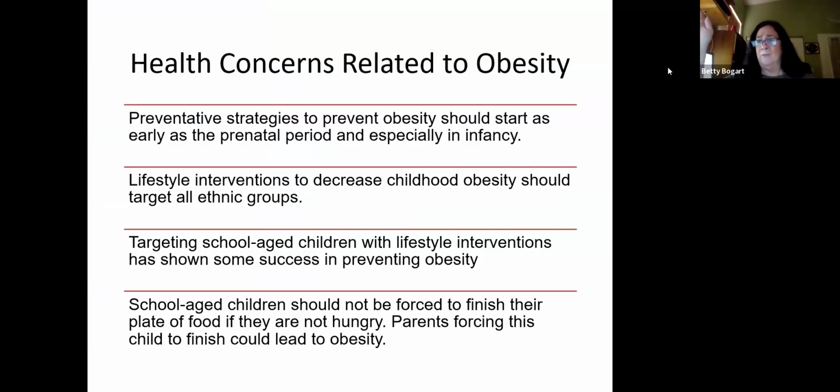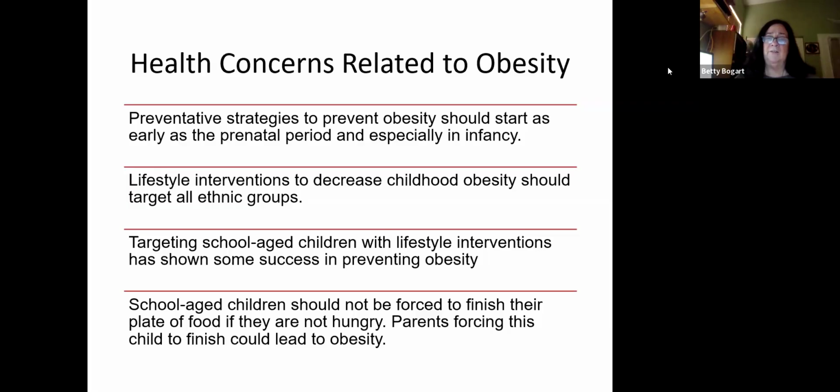It's not just African American or Mexican or Russian. No, it is every ethnic group. It's completely the same. We know that we need to target our school age children because they are a great group in helping to prevent them from becoming overweight and then becoming overweight adults.